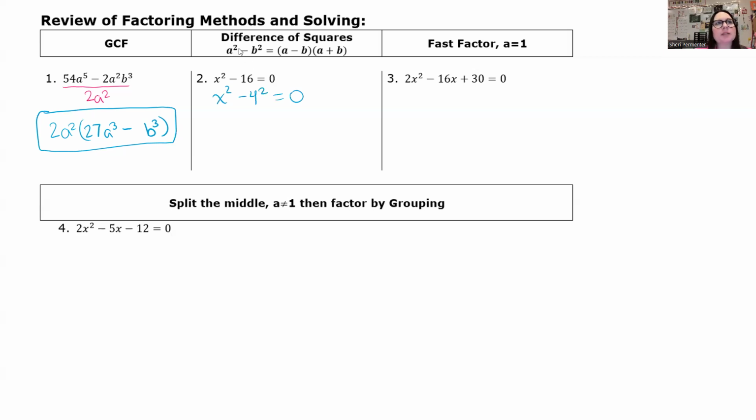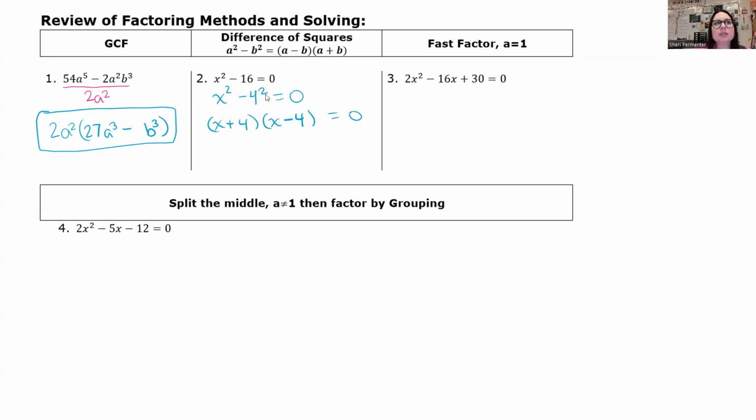I've got 2 parentheses. It's still set equal to 0. And I put the first thing first, the second thing second, and then one of these has to be plus and one has to be minus. It doesn't matter which one. You just need 1 plus 1 minus.